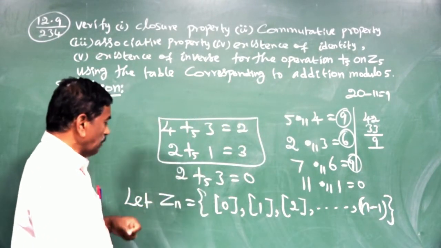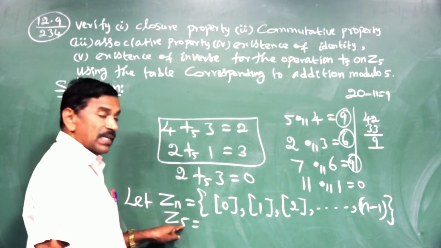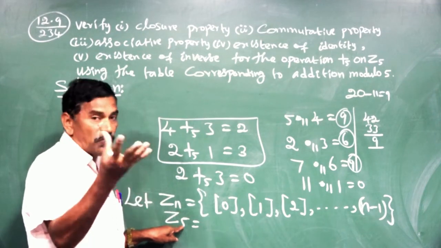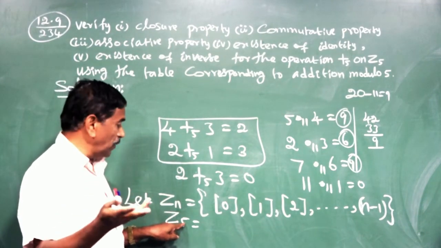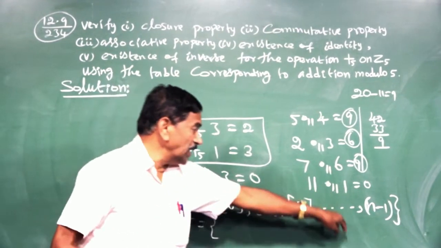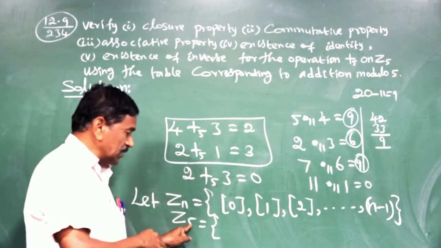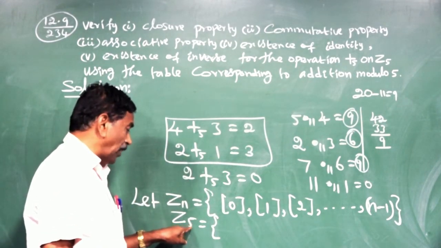See, for example, suppose Z5. Listen, Z5 is the set of all congruence classes modulo 5, which takes the elements starting with 0 and ends with the before element of the suffix. Can you tell me what is the before element of the suffix? Yes, 5 before 4.